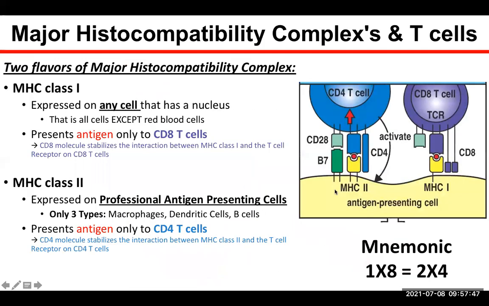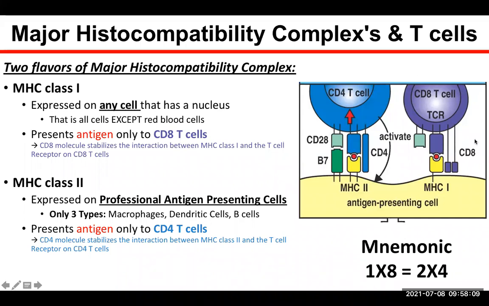And so before I get into the actual B cell stuff, just to reiterate some of these points, MHC class 1 is expressed by any nucleated cell. So again, that's all cells in the body except for red blood cells, which lack a nucleus. These antigen presenting cells, which express MHC class 1, will present only to CD8 T cells.